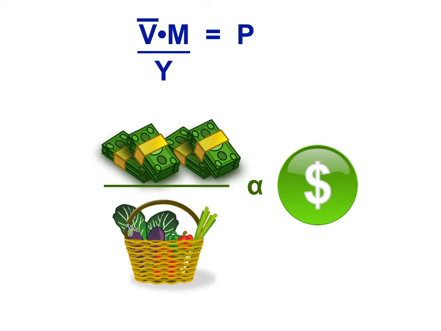But in this case, the basket is filled with apples and sweaters and cars and everything else that is produced in the economy. The price level is essentially an indication of the amount of dollars in the economy per basket of production.